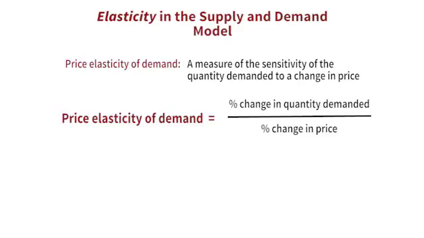That's the sensitivity of the quantity demanded to that price. It's a particular numerical measure too, which is really just comparing the percentage change in the quantity demanded to the percentage change in price. In fact, the price elasticity is defined as the ratio of that percentage change in the quantity demanded of apples or whatever to the percentage change in the price.